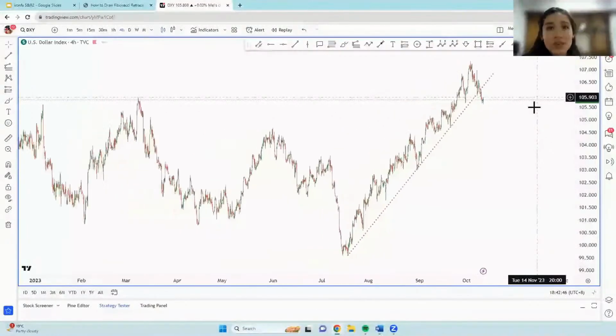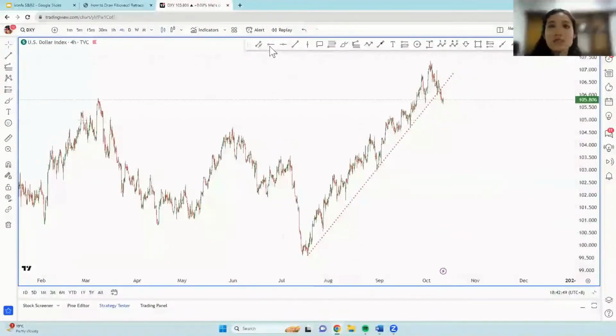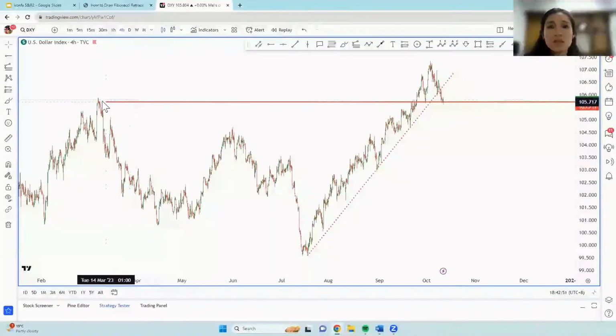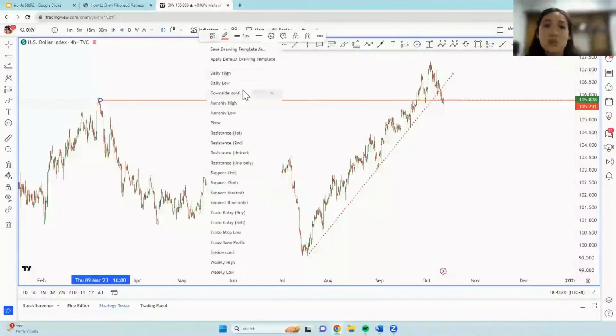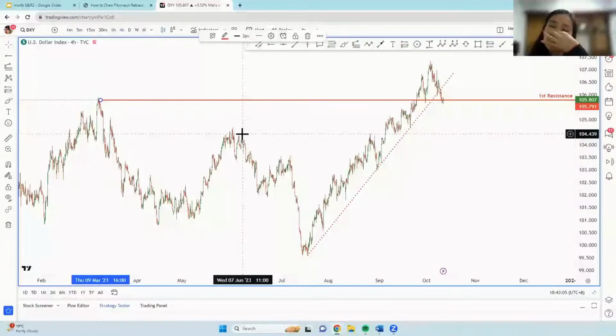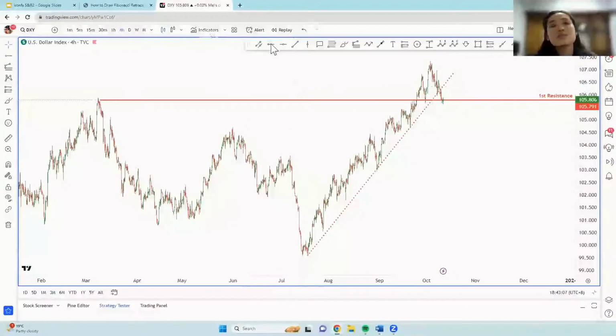So we'll just keep that in mind, the mix in signals, in graphical signals. That's why we use indicators, momentum indicators, as well as Fibonacci levels and graphical analysis. So this is my first resistance.